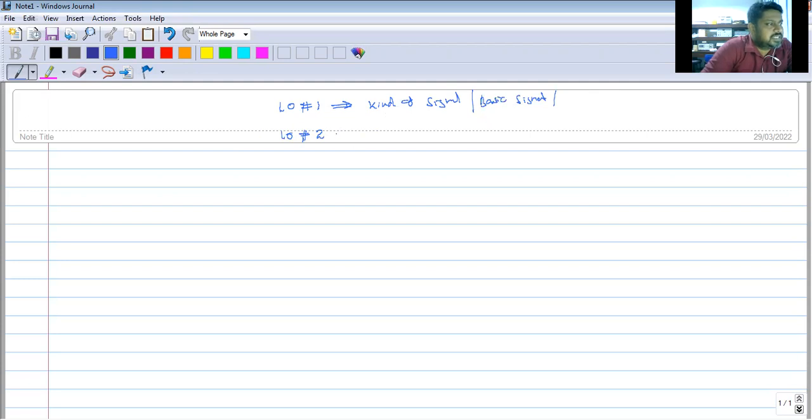So basically here we are going to learn about independent variable transformation. Formally speaking, it is transformation of independent variable.